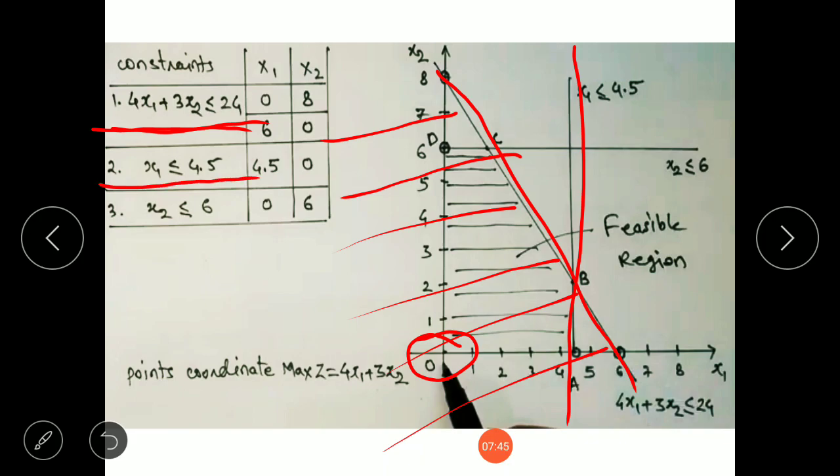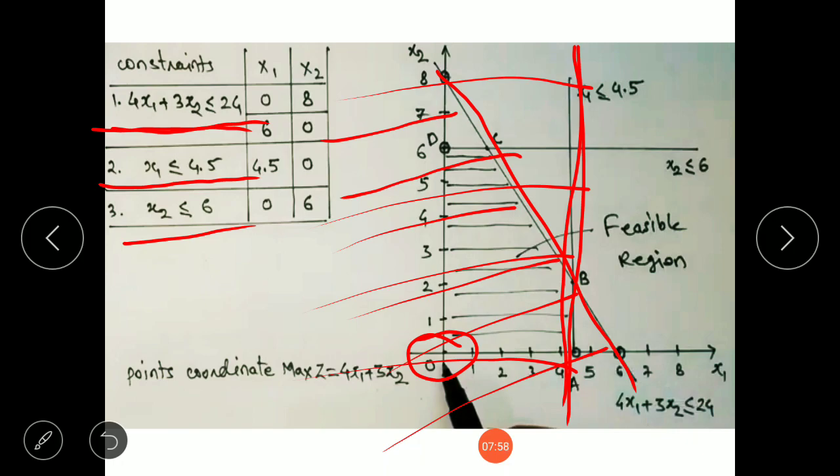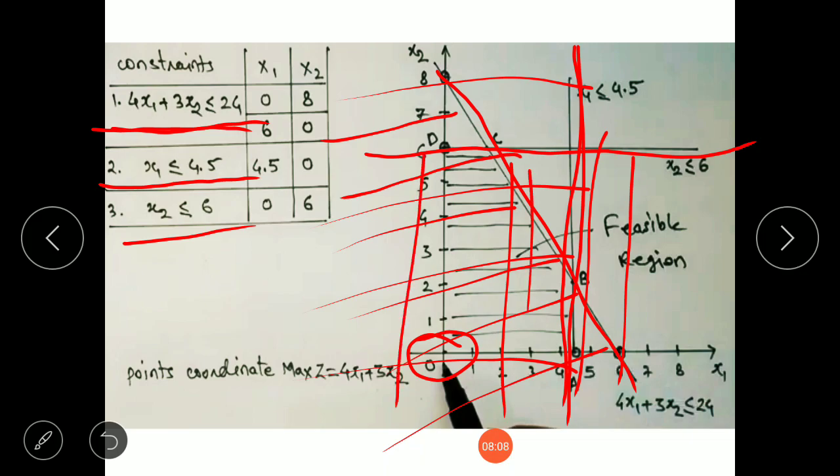So the shaded area is this for this line. Similarly, for the inequality constraint x2 less than or equal to 6, we'll draw the line x2 is equal to 6 and see which area is x2 less than or equal to 6, and we found this is the area that satisfies the inequality constraint after putting x1 and x2 equal to 0.